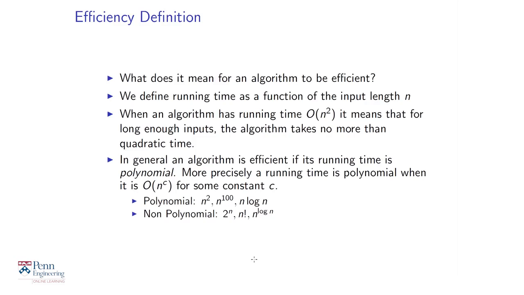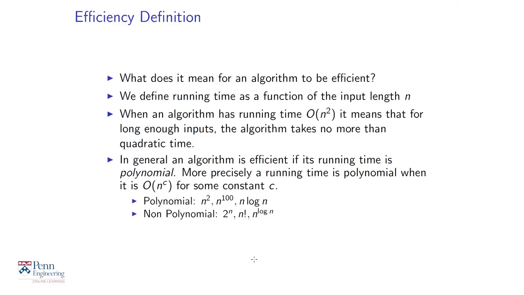That's exponential. So what does 2 to the n mean? That if you increase the input size n from, say, 10 to 11, or any number to 1 more, the running time of the algorithm doubles. So, for example, if you have an algorithm that runs in time 2 to the n, if you run it on an input of length 10, it'll take about 1,000 steps.